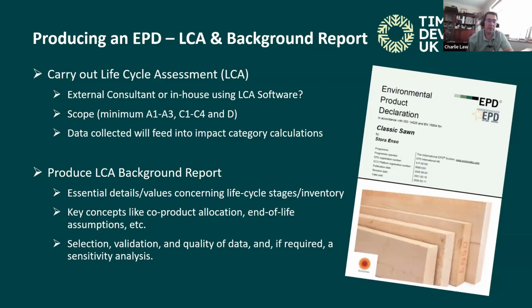So it might include key concepts like the co-product allocation, end-of-life assumptions, etc., selection, validation, and quality of the data that you've got, and if required, a sensitivity analysis of how good is the data that you've got for certain sections. So some might be really good because it's based on your own data. Some might be not so good because you've got that from industry averages because you haven't got the data yourself.